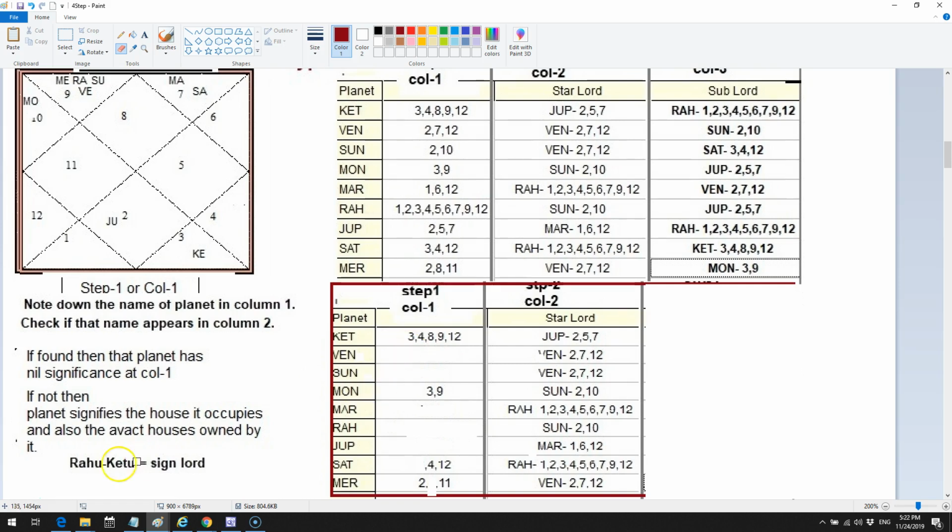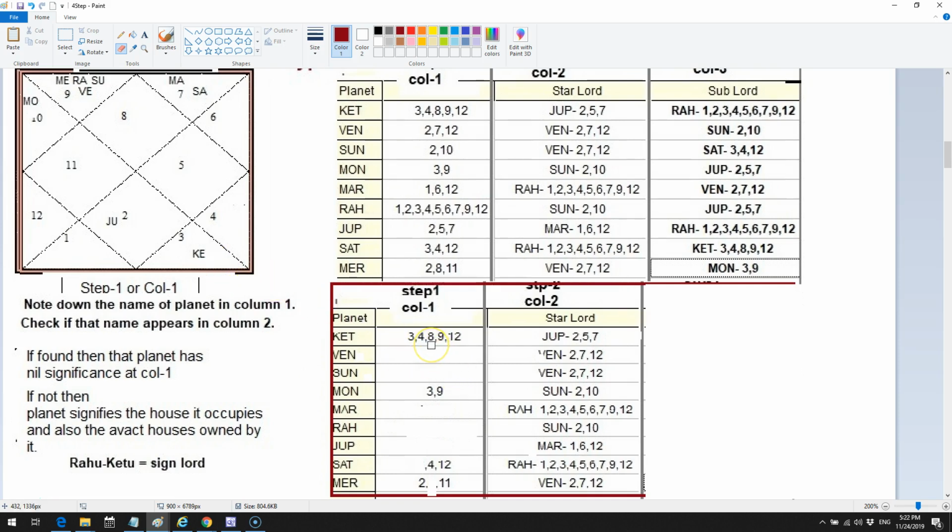I mentioned that Rahu and Ketu signify the sign lord. This is a cusp chart, and it seems like Ketu is in Gemini, but Ketu is actually in Cancer, so it signifies the Moon. So the rule is here for Rahu Ketu, and for Ketu we don't find Ketu appearing anywhere over here. So we are going to retain the house where Ketu is, which is the 8th house.